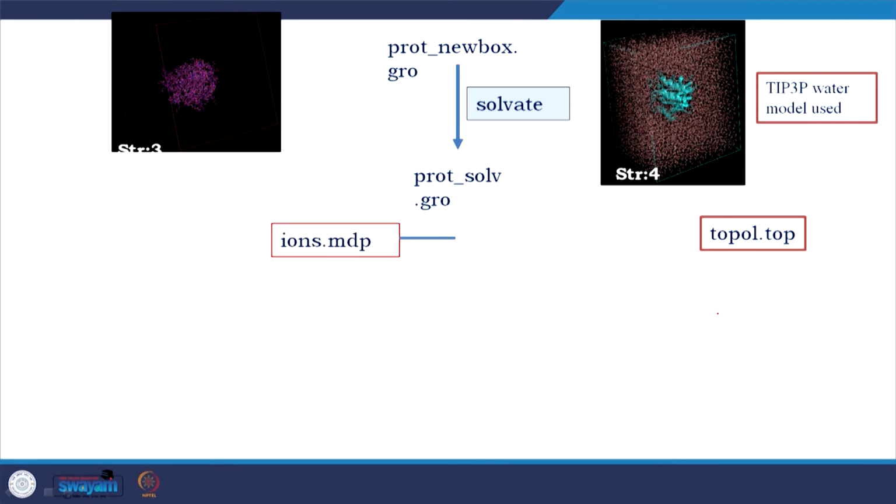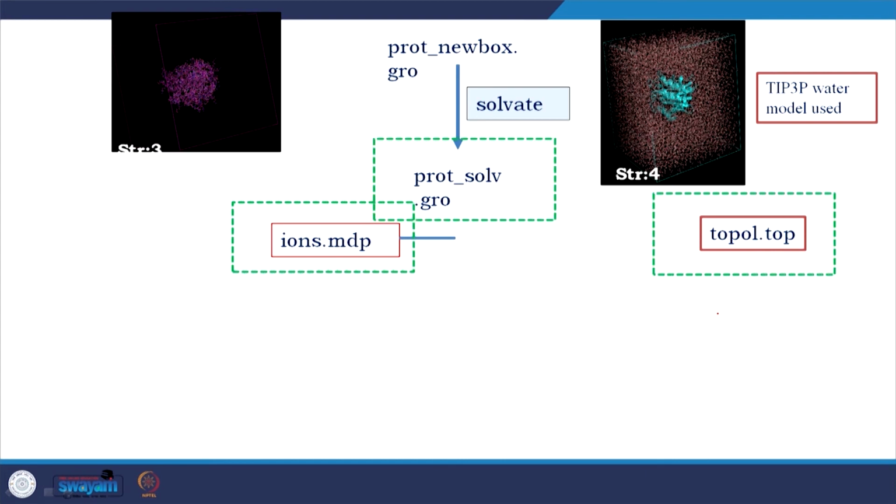Now, with this prot_solv.gro, ions.mdp is added. .mdp is a molecular dynamics parameter file. By associating 3 files, ions.mdp, prot_solv.gro and topol.top, they make the file ions.tpr by the command grompp.